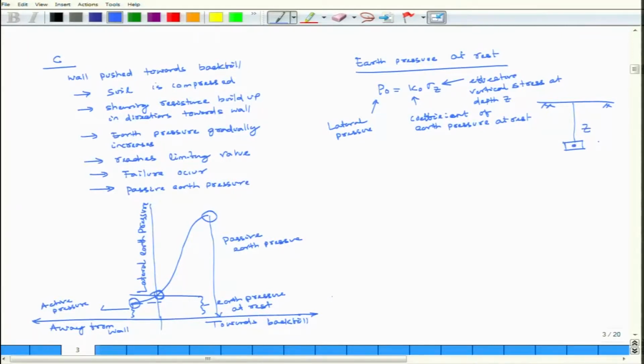At that point the lateral pressure P0 is equal to K0 into sigma z. Sigma z is the effective vertical stress at depth z, K0 is the coefficient of earth pressure at rest.